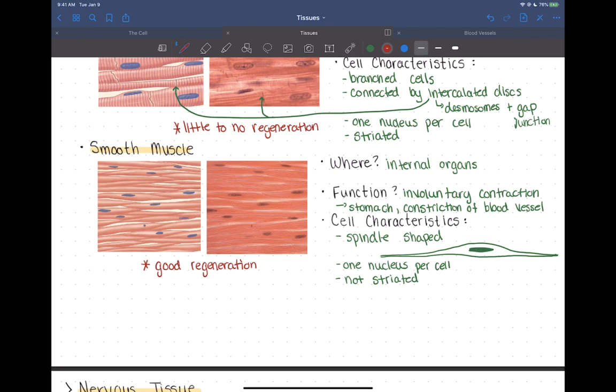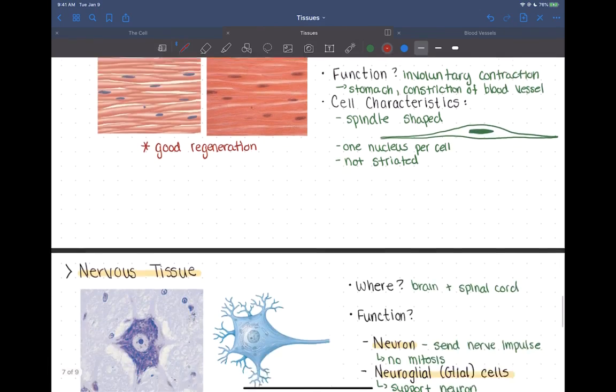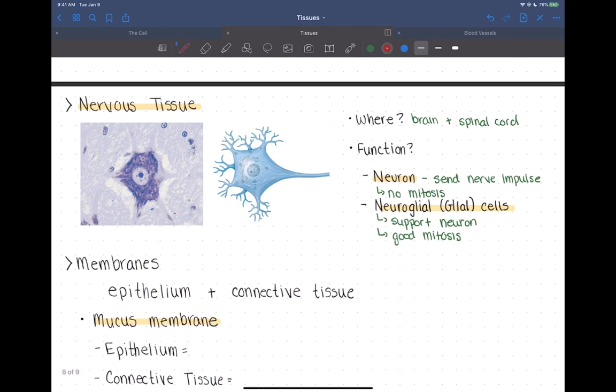So it would have the least level of regeneration. Okay, good. So that is our skeletal muscle and our nervous tissue. Now let's move on to those additional tissue topics that we mentioned.